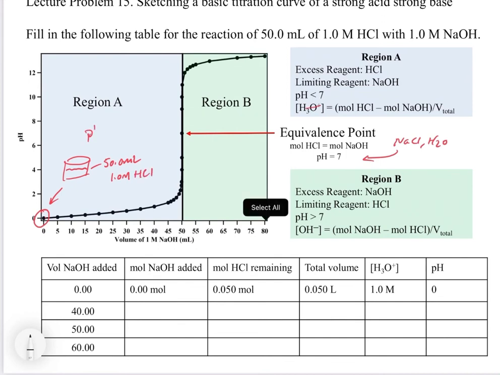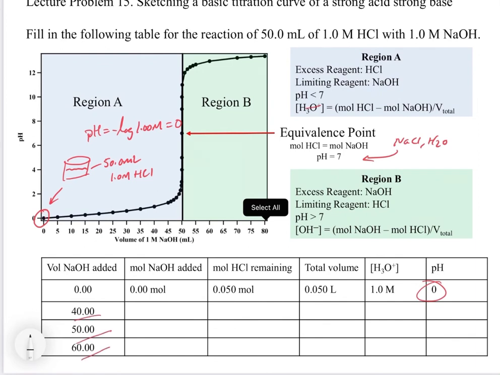And so at this point, we can say that our pH is going to equal the negative log of 1.00 molar, which is going to equal 0. We can calculate our pH there because we haven't done anything with the base, we just have our acid sitting there with a concentration of 1.0 molar, and so we can calculate the pH directly from there.